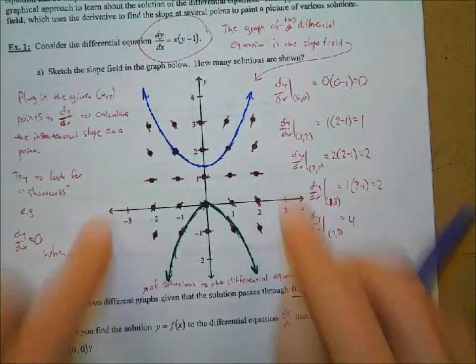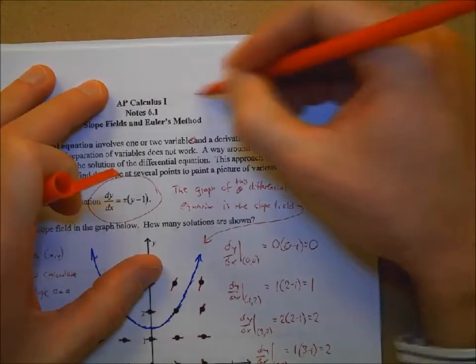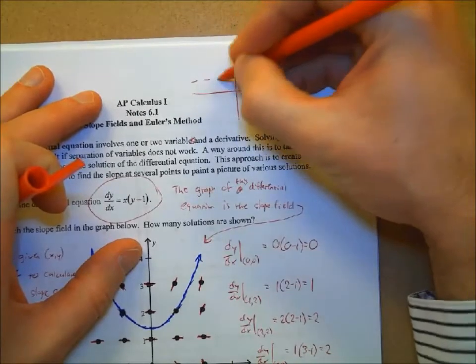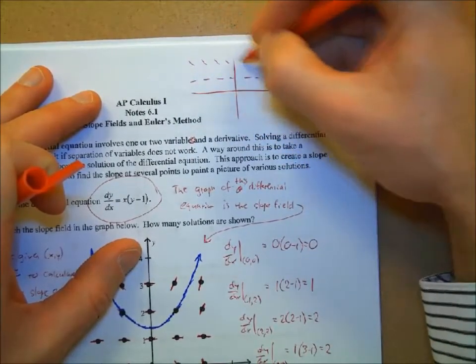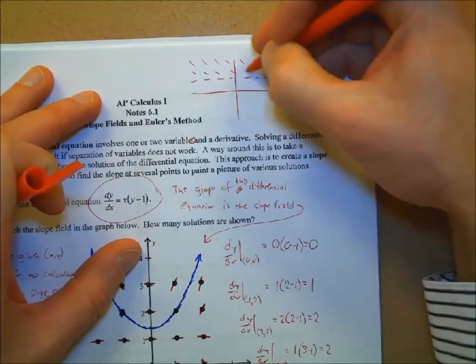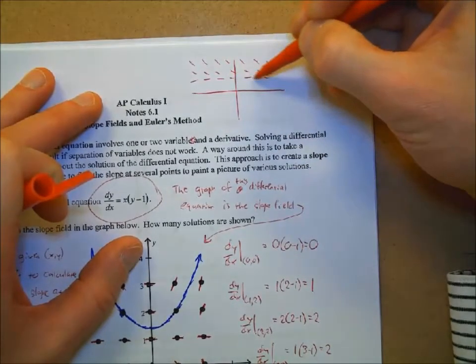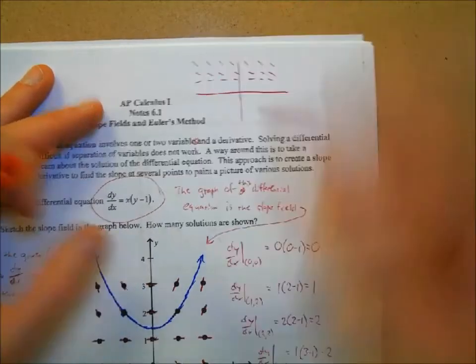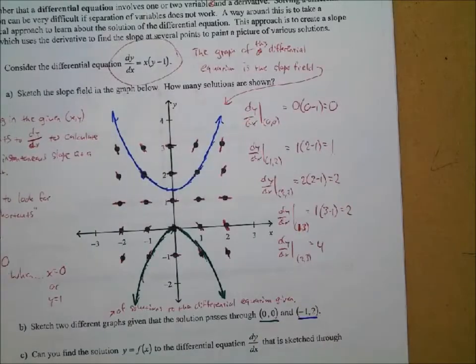It'll be different if our graph of our slope field looked something like this, where now it looks like it's going to come in towards it. But these are all seemingly pulling away from that. Okay.